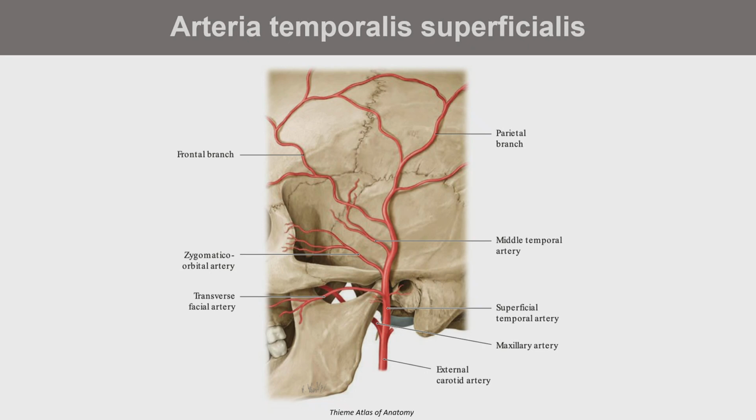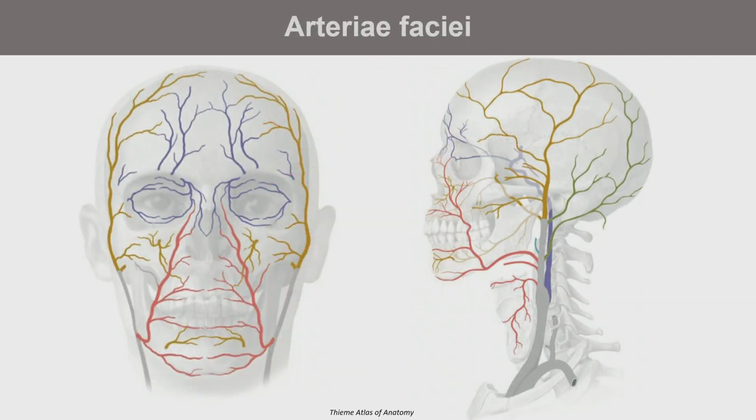This artery is supplying soft tissues of the head and lateral part of the skull, and also we have here important branches. One is transversa faciei, which is supplying the lateral part of the face, and then zygomatico-orbital artery. And now we turn to the important image.